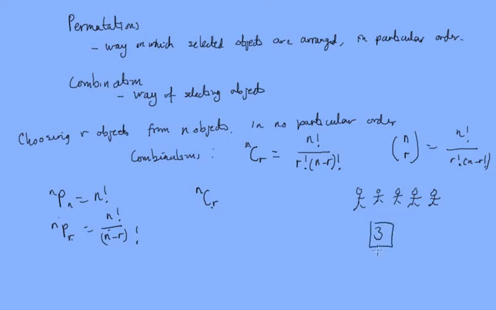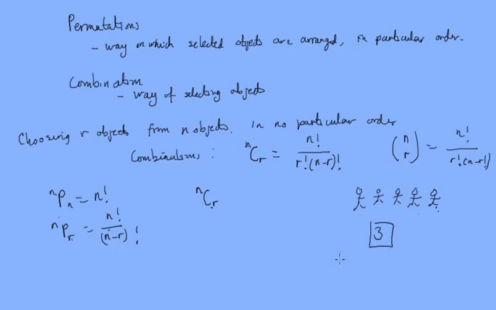We can view this as choosing 3 and ignoring 2, or as choosing to ignore 2 and remaining with 3. It doesn't matter how we view this, it's the same problem.